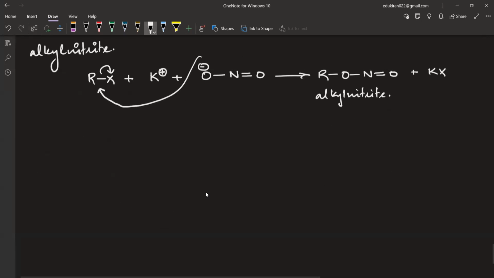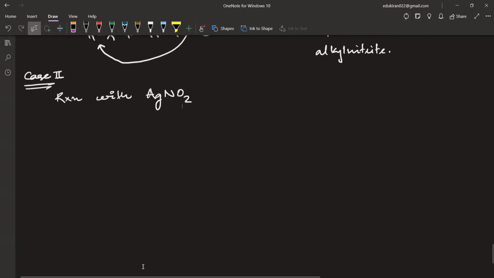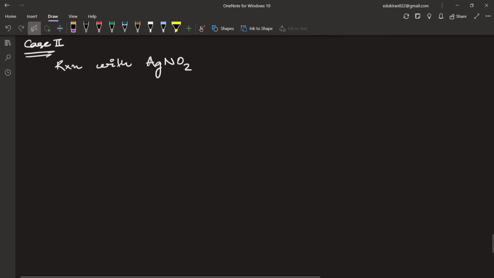Right, case 2: reaction with AgNO2. When haloalkane reacts with AgNO2, what is going to happen? AgNO2 is covalent in nature, so the oxygen and Ag will be bonded like this.